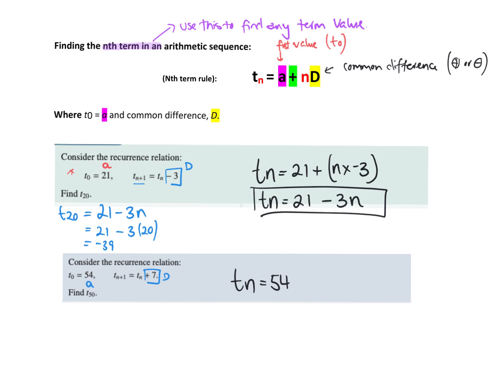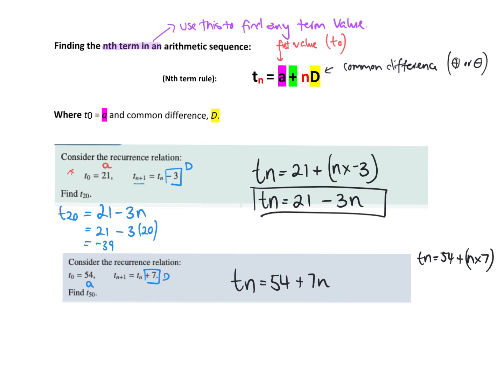So the D is 7, so it'd be plus 7 times n. I'm just putting the n second because that's how we like to have it. We like to have the letter after the number. But it's not wrong if you write it as n times 7, that's okay too. You're not going to get it wrong.